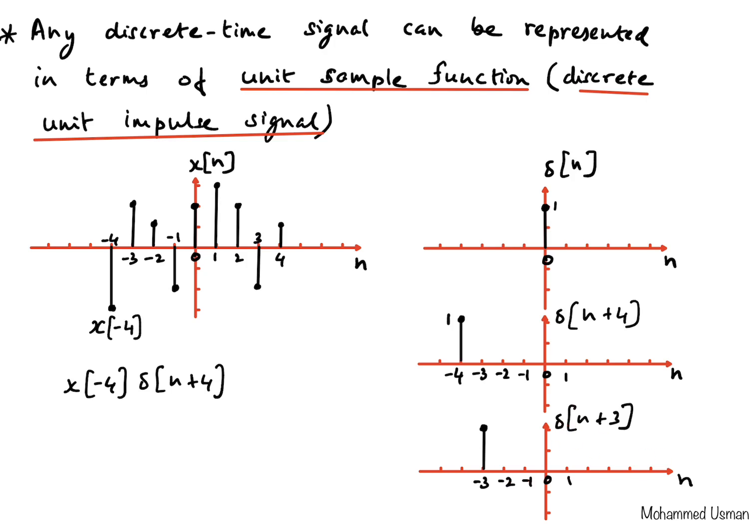So we can now add this term to the first term, right? That becomes plus x of minus 3 times delta of n plus 3. And similarly, for x of minus 2, we can multiply it with delta of n plus 2, which will be a delta of n shifted to the left by 2.